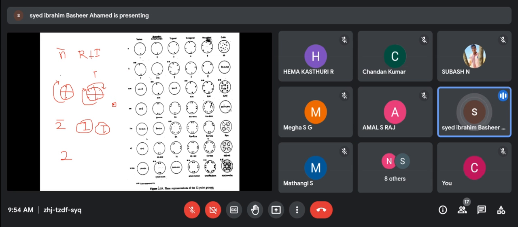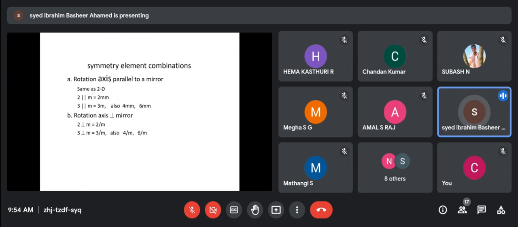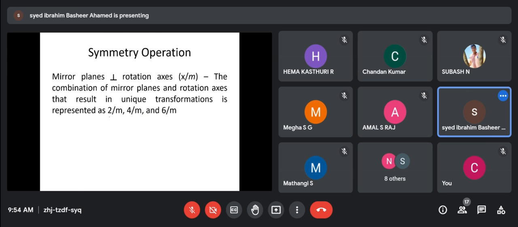And then n over m. Okay, this is n bar and n over m. So what is this? This is n-fold rotation. This over means perpendicular to a mirror plane. You have a, yes or no? Come on, you guys don't speak. So I told you just now. 2 over m, 4 over m.